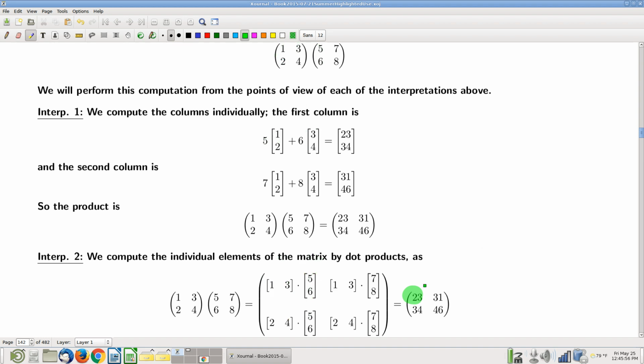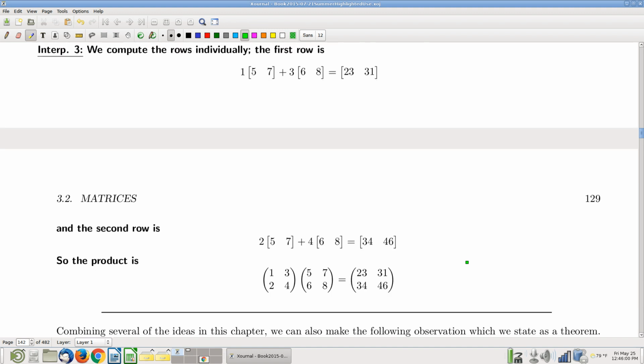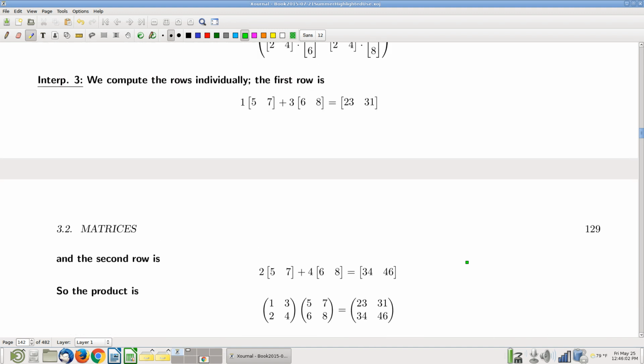Okay. All right, etc. From a point of view of linear combinations of rows, you go with the right matrix. So the first row of the product we compute as a linear combination of the rows of the right matrix.